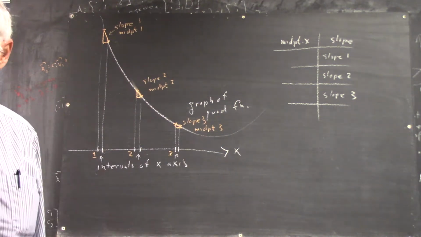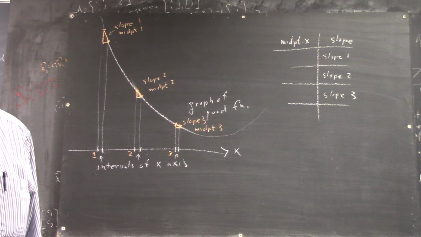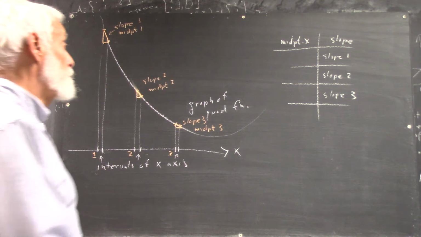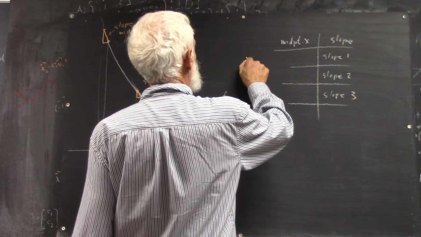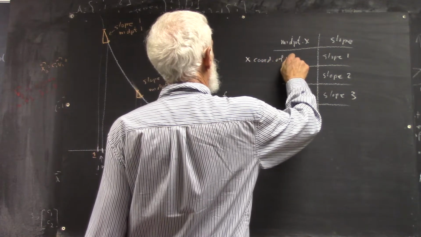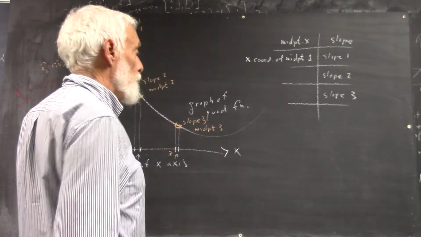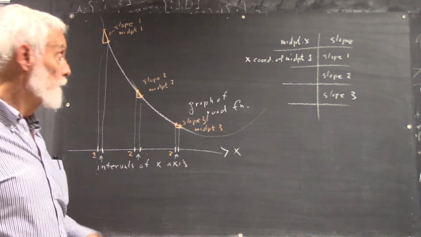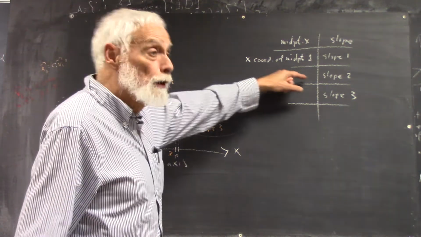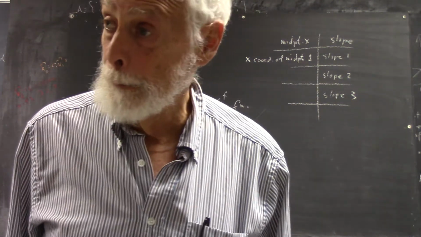Can you read off your midpoint x value? So, I'll call midpoint 1, the midpoint of your first triangle, right? The x-coordinate of the midpoint 1, that's the x-coordinate of the midpoint, right?